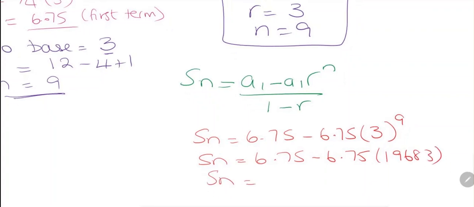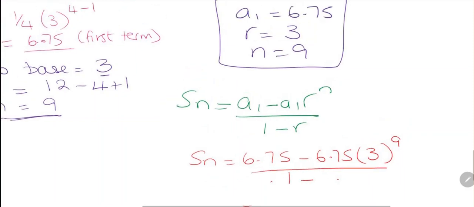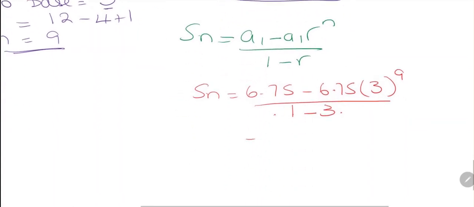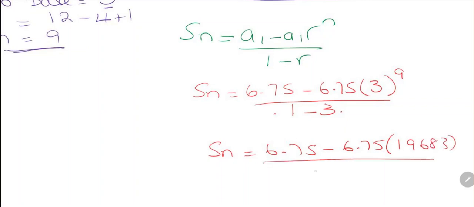And this is divided, that should be divided by 1 minus 3. So Sn is 6.75 minus 6.75 multiplied by 19683, and this is divided by minus 2.